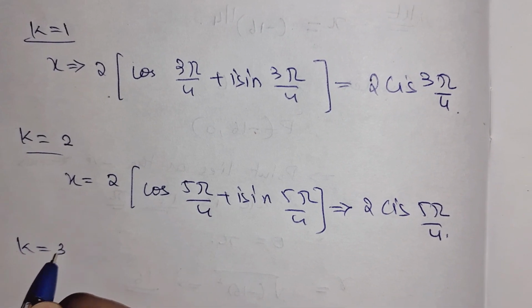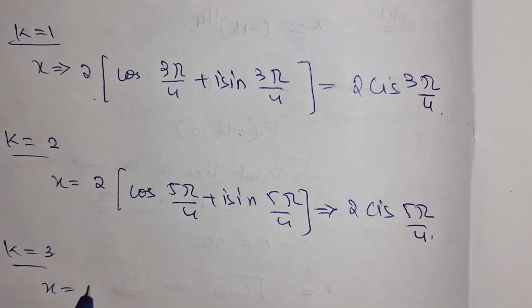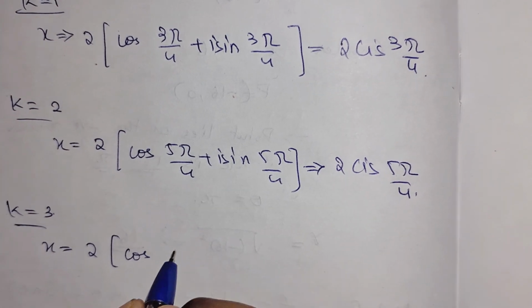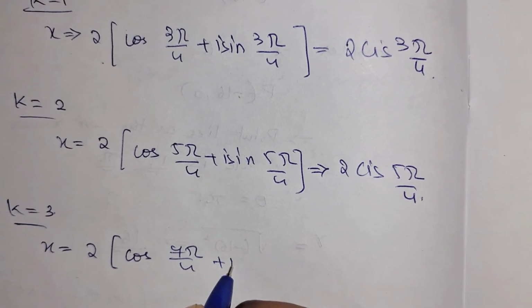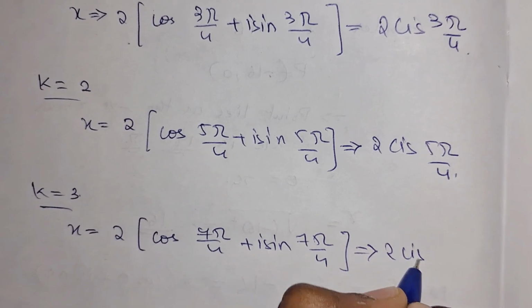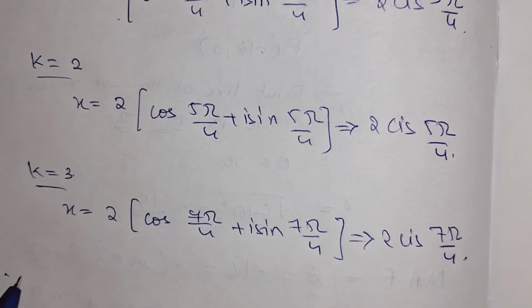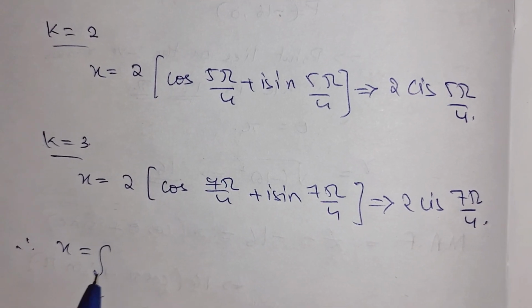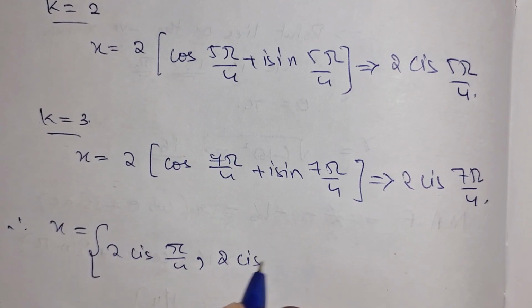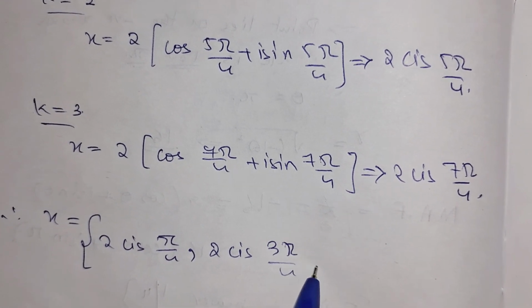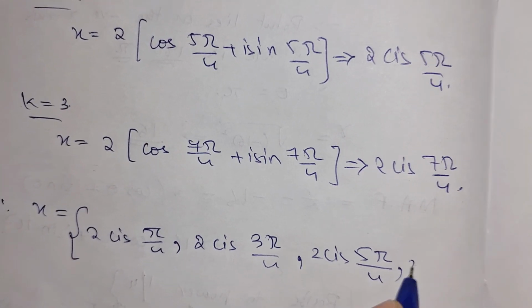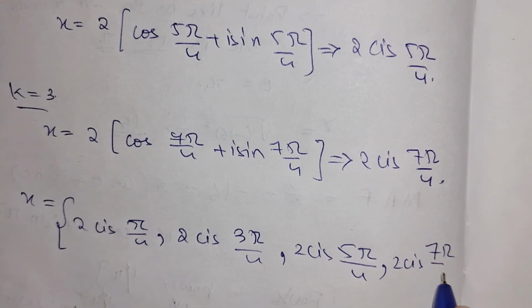Then the last value, that is k equal to 3, x will be equal to 2 cos, 2 threes are 6, so 7 pi by 4 plus i sin 7 pi by 4, which is equal to 2 cis 7 pi by 4. Therefore, x is equal to 2 cis pi by 4, 2 cis 3 pi by 4, 2 cis 5 pi by 4, 2 cis 7 pi by 4.